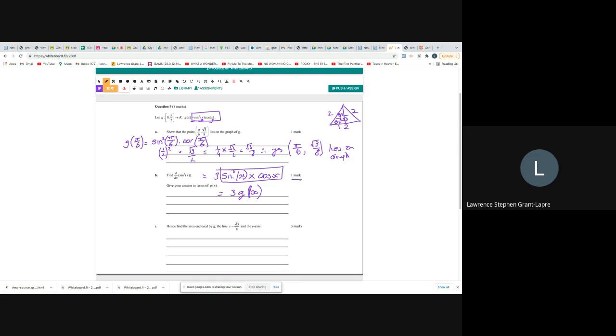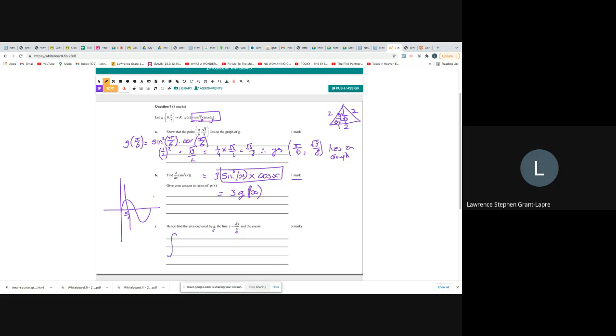1 mark. Find the area enclosed by the function and the line. Okay, well, we need to get the integral from 0 to pi over 6. Let's have a look at this. We've got sine x, and pi over 6 is here somewhere.